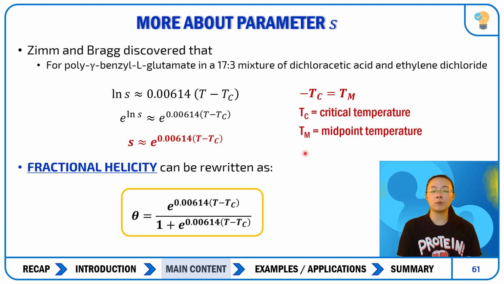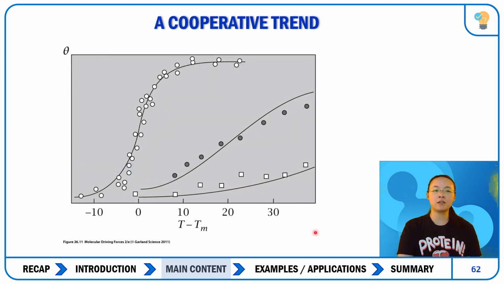But for now, we're able to rewrite the equation for fractional helicity. So you had s over s plus 1. We can represent it and tie it back to temperature T. And this, if you plot it, gives a sigmoidal curve. For different values of n, you get different steepnesses of each curve.